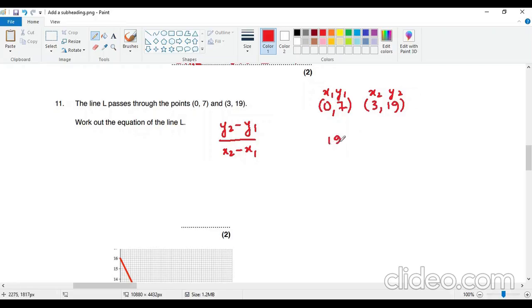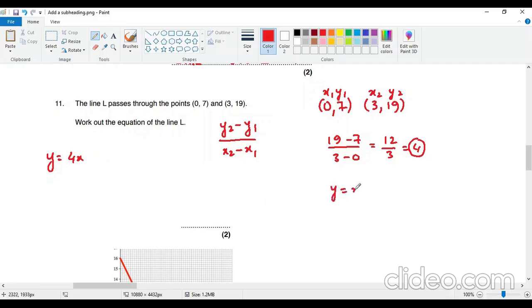Substituting, 19 minus 7 divided by 3 minus 0. So 19 minus 7 gives us 12, divided by 3. It's giving us 4. So 4 is the slope of the line. So we can write here y equals 4x. Now we'll find out what the y-intercept is.